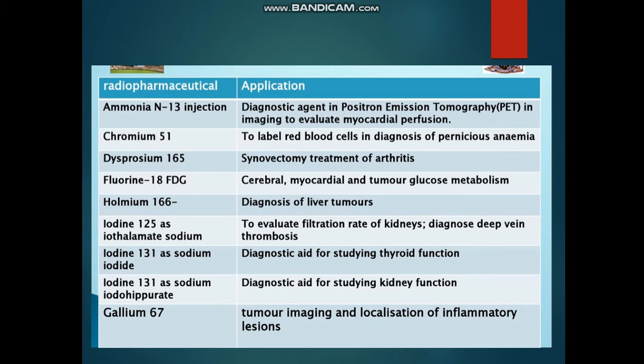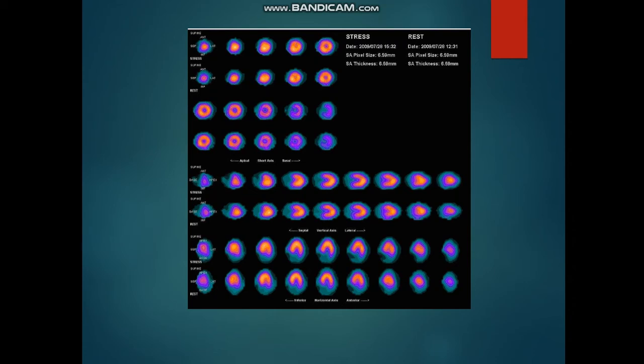Fluorine is used for cerebral, myocardial, and tumor glucose metabolism. Holmium is used for diagnosis of liver tumors. Iodine and its compounds are used to evaluate filtration rate of kidneys, to diagnose deep vein thrombosis, and to diagnose thyroid and kidney function also. Gallium is used for tumor imaging and localization of inflammatory lesions.